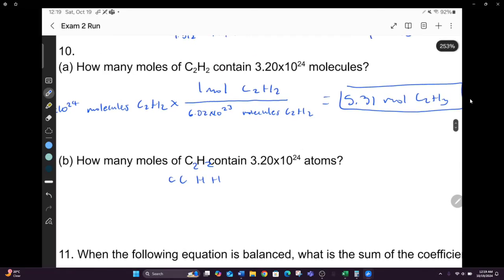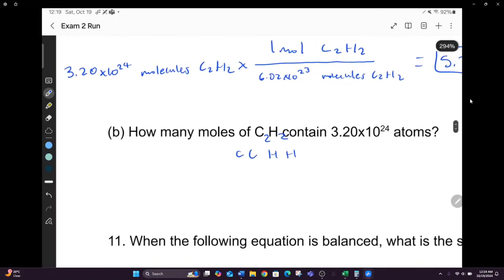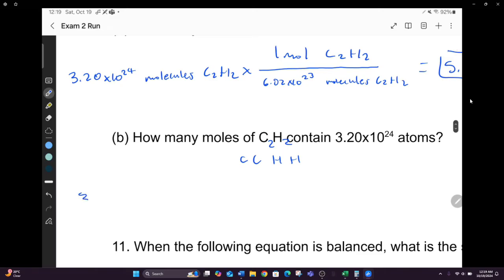So how we're going to do this dimensional analysis is, we have 3.20 times 10 to the 24 atoms, times 1 C2H2 molecule per 4 atoms.